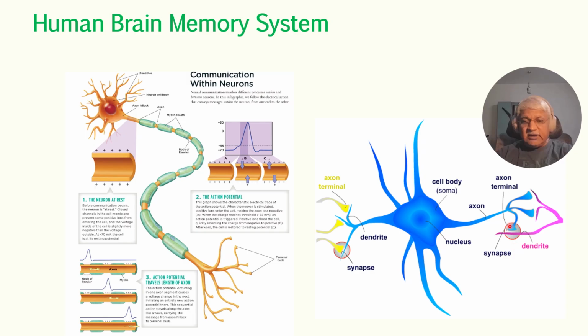Then it will cross a small empty space, only a few nanometers. It will jump that distance and move to the dendrite of the other neuron. That is how the signal moves from one neuron to another, all the way to the next neuron.